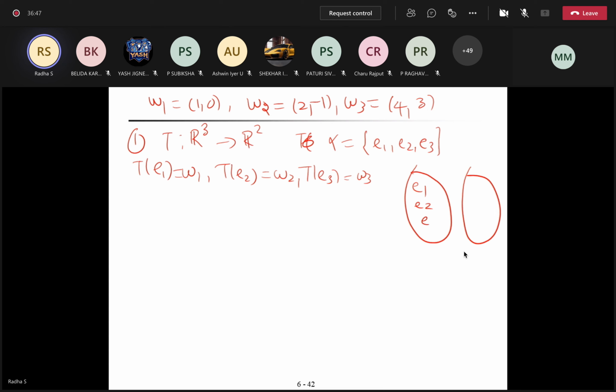E1, E2, E3 are in R cube. They are mapped onto W1, W2, W3. That is, T of E1 is W1. Like that you have to see. This is R square. Right?